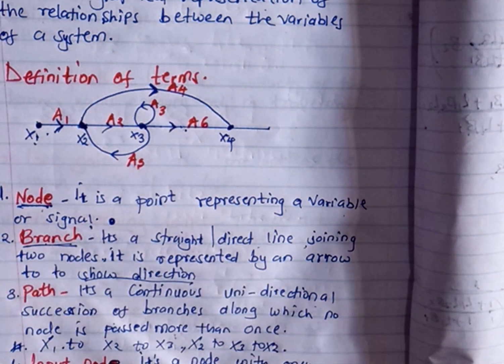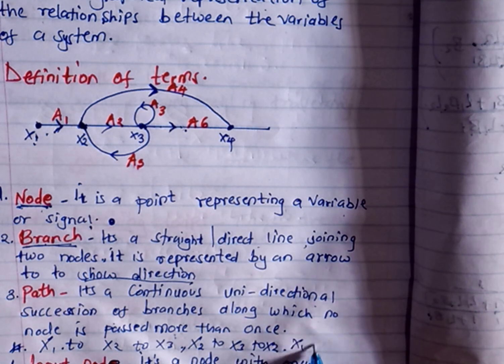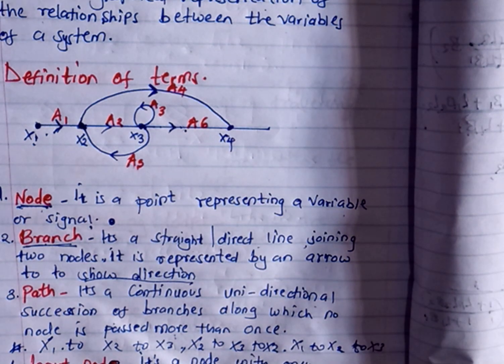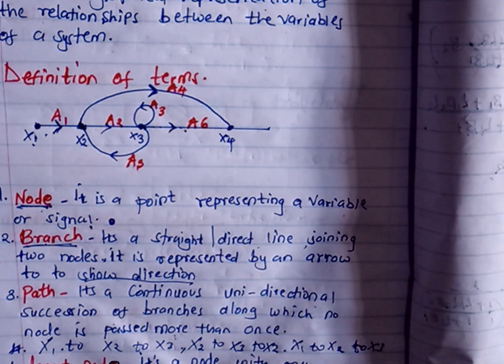Those are the paths that I'm having in this signal flow graph that I've just drawn. All the paths are unidirectional, which means it is only the forward direction, and you should not pass a node more than once.